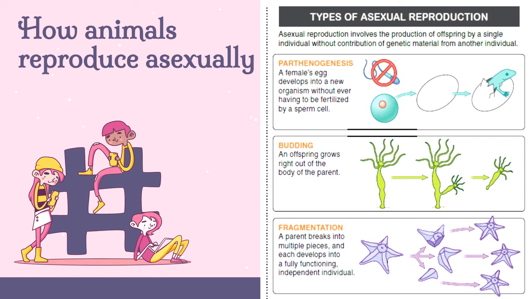So, for example, in some sea stars that undergo fragmentation, every piece that was broken from the parent's body can eventually become another organism. So if it was broken into three pieces, three offspring will come from that. So that's fragmentation. All the broken pieces can become another individual.